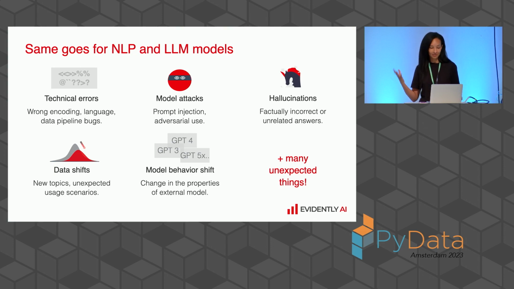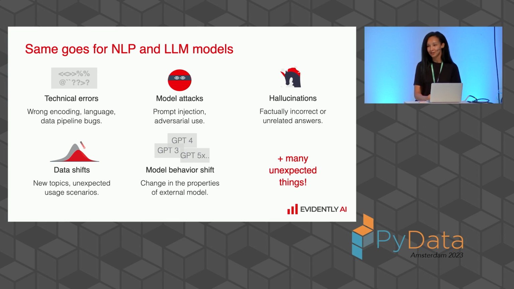For example, there can be technical errors, like wrong encodings, or maybe unexpected language. Maybe there are some technical bugs in our data processing pipelines, or maybe there are just some data shifts, because our models do not live in a vacuum, right? There are a lot of things that can change outside, and there might be new topics, or a change in the shares of different topics, so it's very important to track it as well.